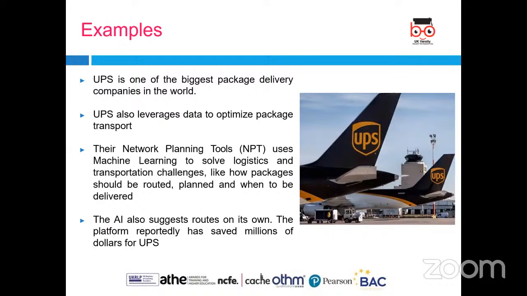And with the network planning tool, NPT, which uses machine learning to solve the logistic and transportation challenges, can now be used to plan when parcels have to be delivered.